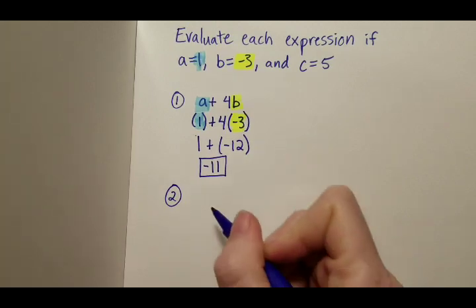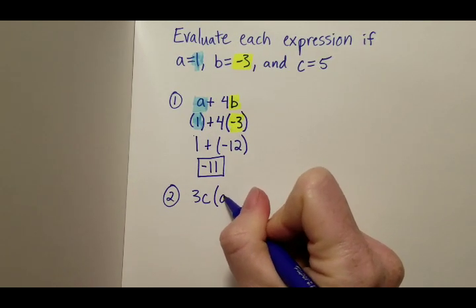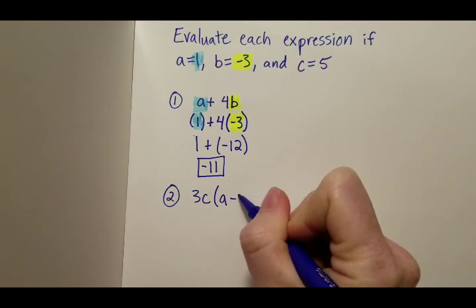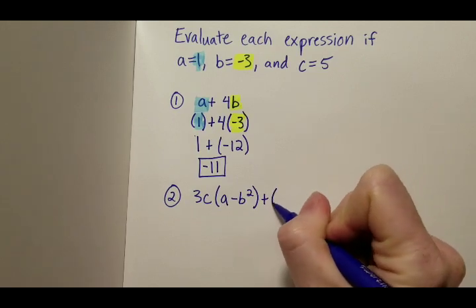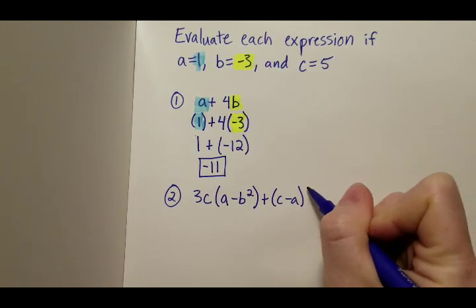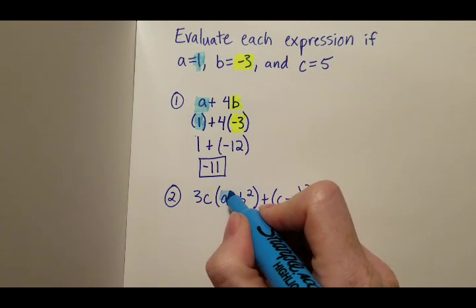So for our second example, we're going to use this expression: 3c times the quantity a minus b squared plus the quantity c minus a squared. Okay, just like before, I would highly recommend highlighting.